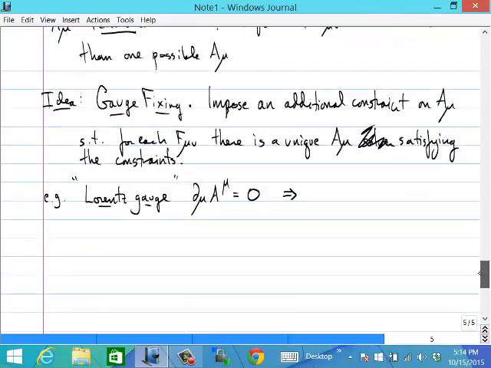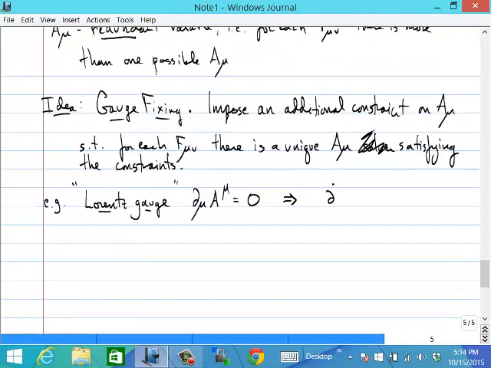So Maxwell's equations without sources just say that d squared A mu is equal to 0. So it's just 4 copies of the massless Klein-Gordon equation. Now, Lorentz gauge is nice because it preserves Lorentz invariance.